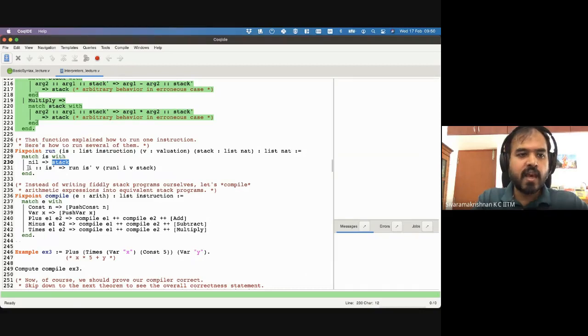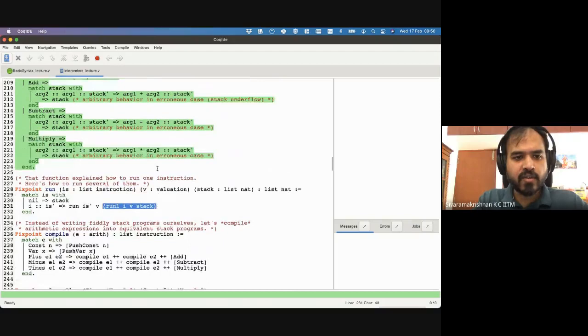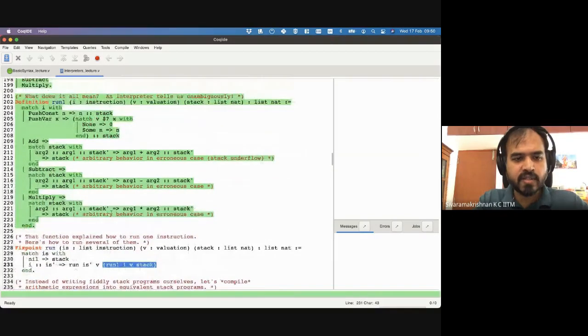If not, right, if you have some instruction i and a list of instructions is, you run the instruction i in this valuation. And the way it modifies the stack is you just call run1, right? You execute that instruction. Run1 is this function that executes a single instruction, which might update the stack, right?